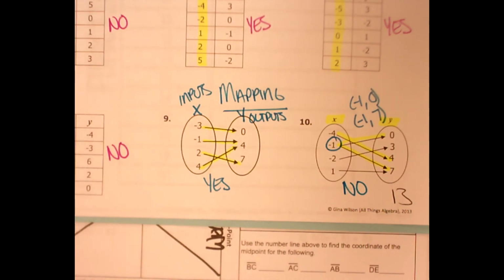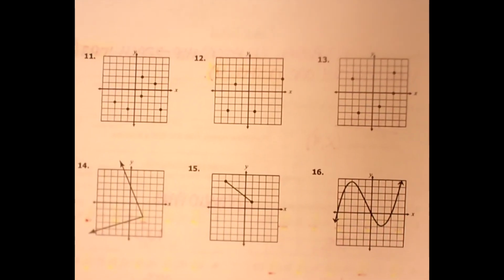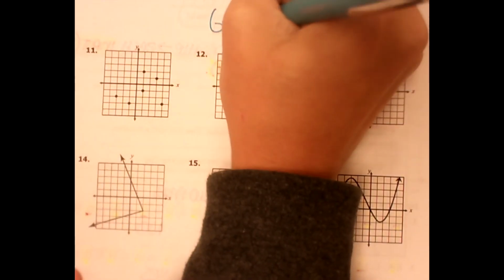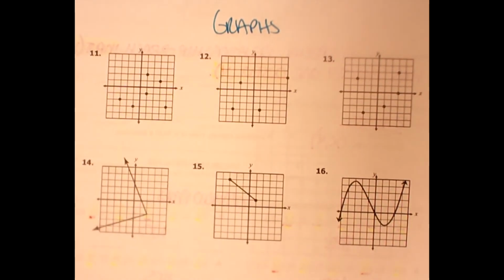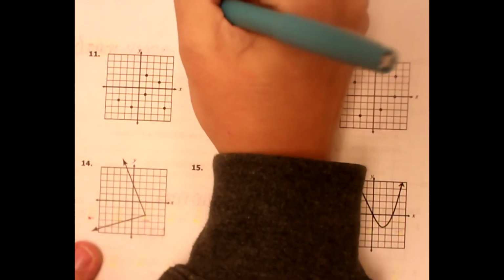So let's turn to the back. We're going to look at the last representation. This is graphs. So remember, graphs are just made up of points, but what we can use is called the vertical line test. The vertical, remember, is up and down.